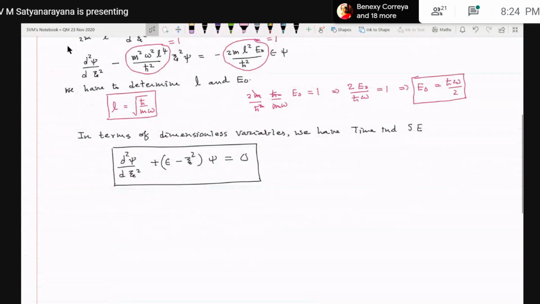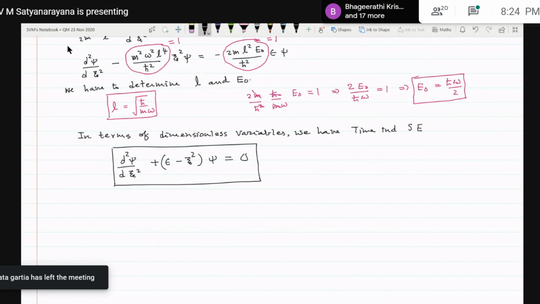Now this is a second order differential equation, but it's not very easy to solve this equation as such.